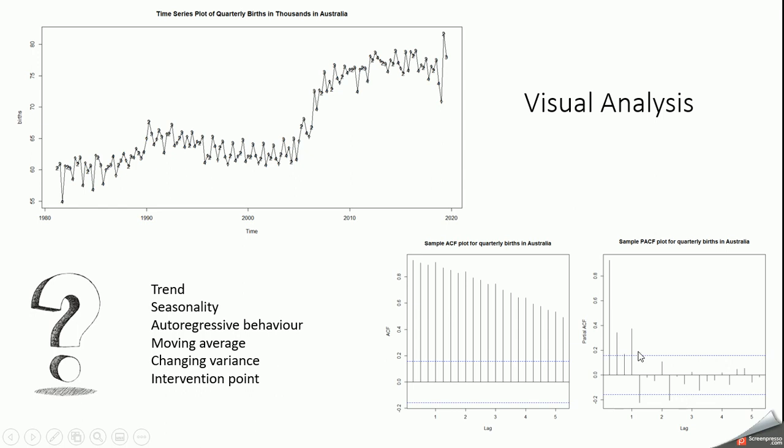And also, bottom right, looking at the ACF and PACF plots, there is autocorrelation in a lot of lags. So this series is definitely not stationary. Also, we can see a slight wave pattern in the ACF plot, especially at lags 4, 8, and 12, etc. So this indicates the seasonal effect.